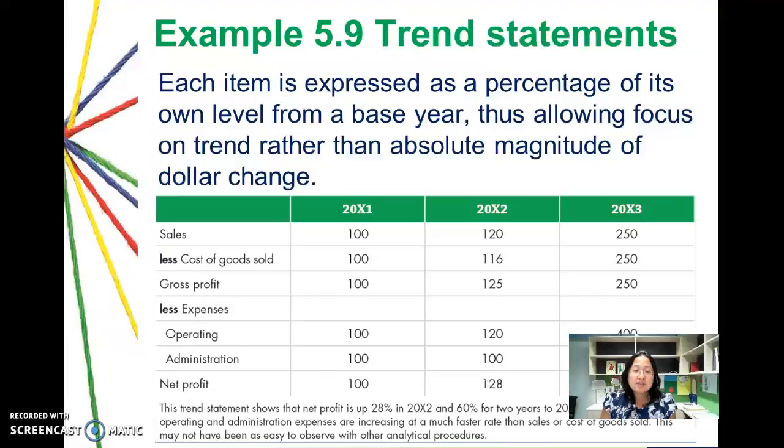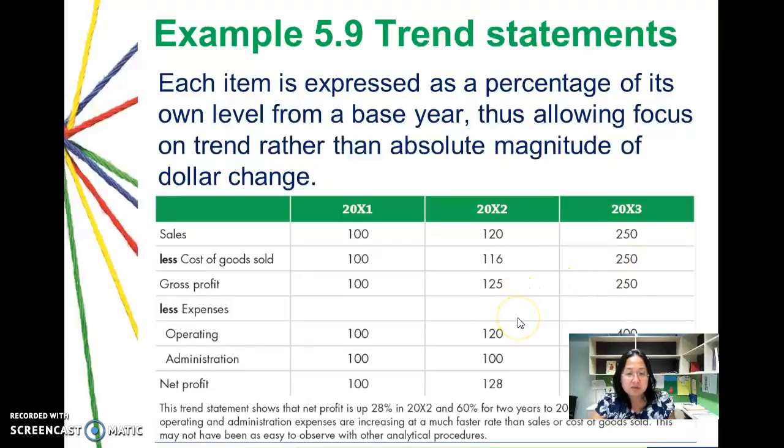In line with the cost of goods sold, as you can see on this baseline here, year 2001 is at 100% because that is year one. In year two the cost of goods sold has increased by 16%, and in year three increased by 250%.